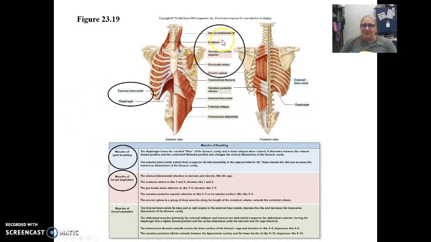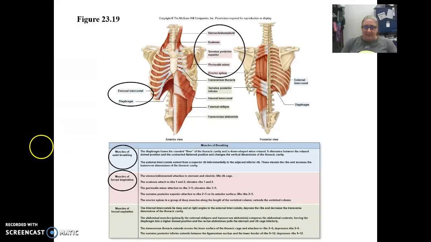Muscles of forced inspiration, we have some neck muscles like our sternocleidomastoid, our scalene muscles, our serratus muscles, our pectoral muscles, pectoral minor, all function in increasing the size of the thoracic cavity even further to help us to inspire even more.